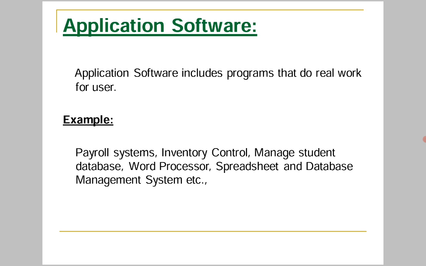Now application software. Application software includes programs that do real work for users. Application programs are generally designed and developed by the users, software developers and programmers, and can be used to do some real world task.